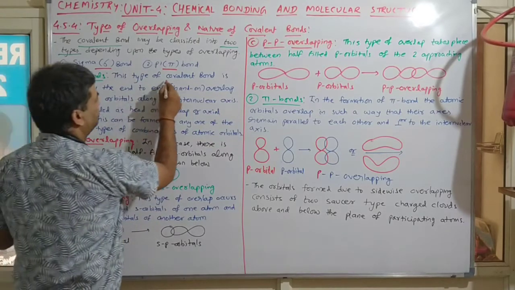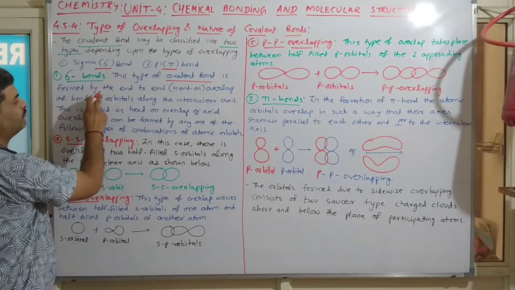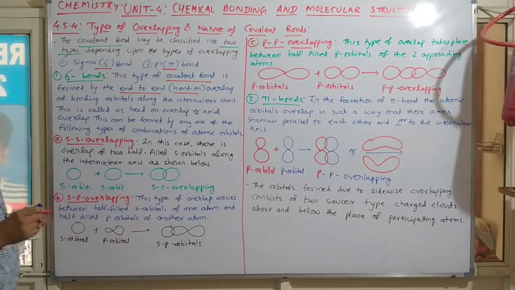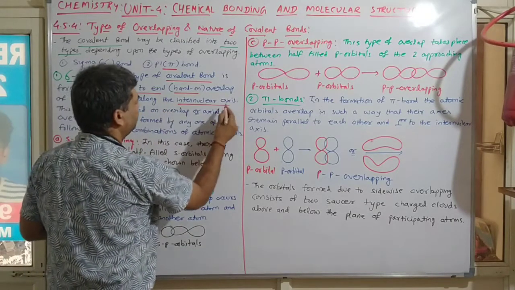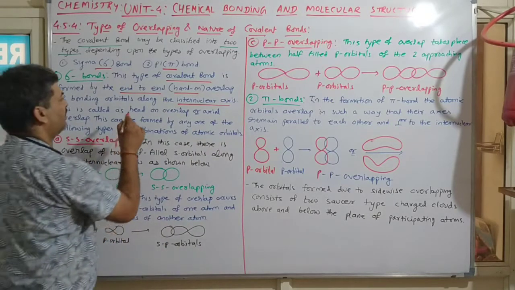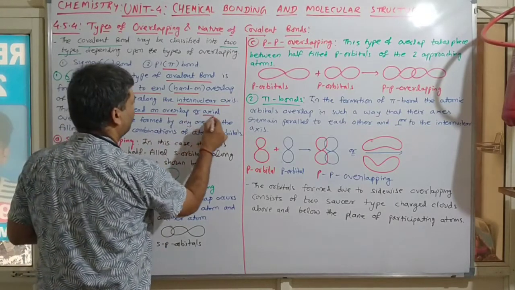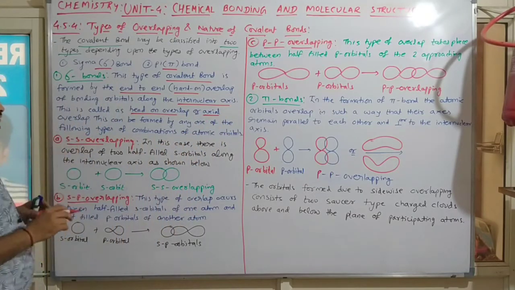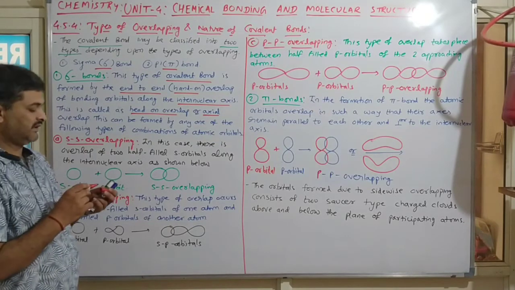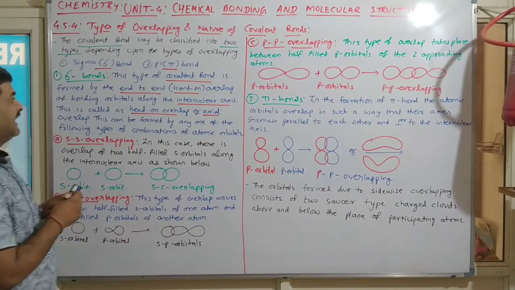See, this type of covalent bond is formed by end-to-end or head-on overlap of bonding orbital along the internuclear axis. This is called head-on overlap, or axial overlap. So this can be formed by any one of the following types of combination of atomic orbital. Here you have to remember end to end.